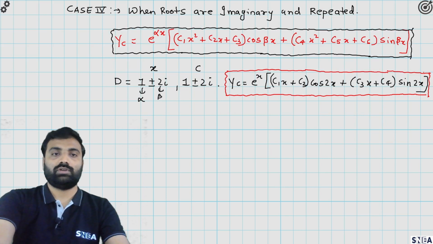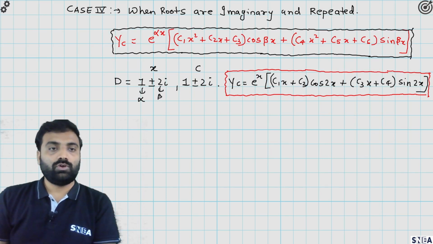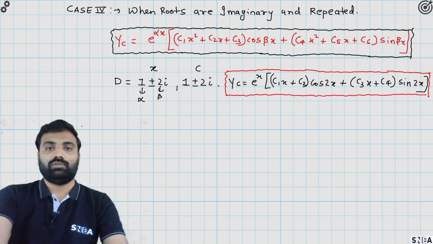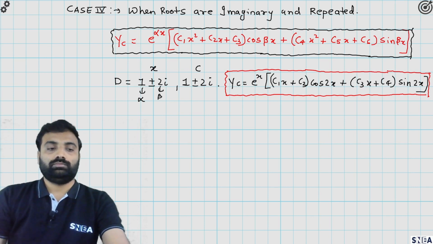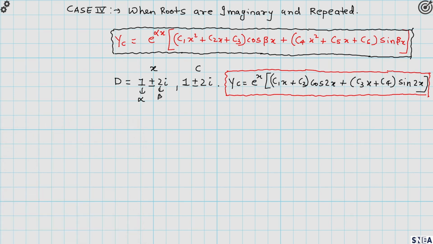Okay, so if your answer here is d equals 2 plus minus root 3i, 2 plus minus root 3i, 2 plus minus root 3i. So its yc will be what?